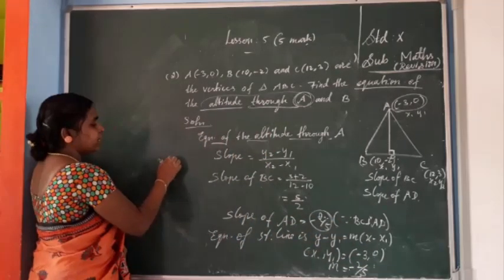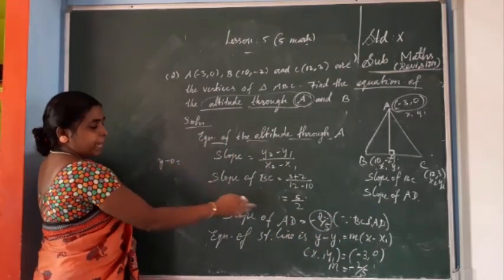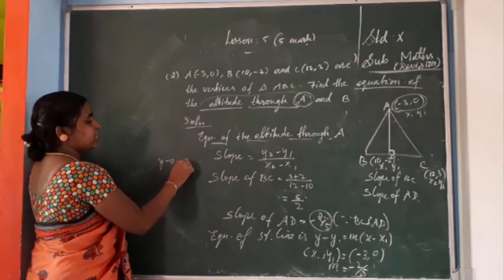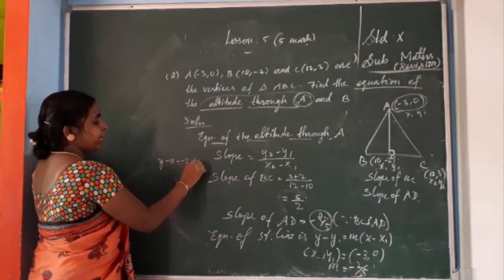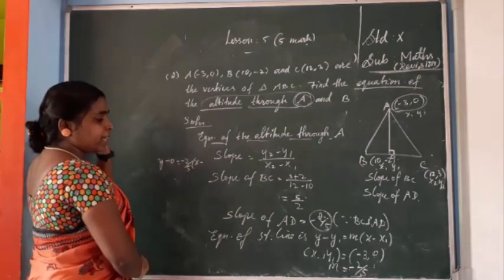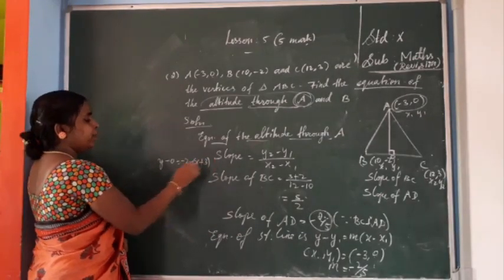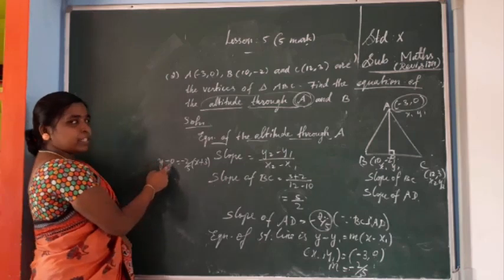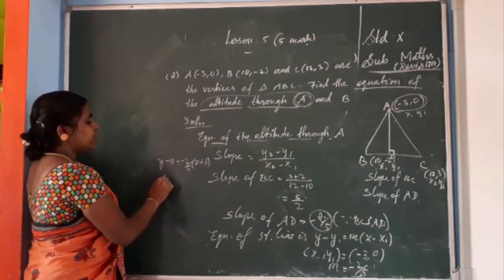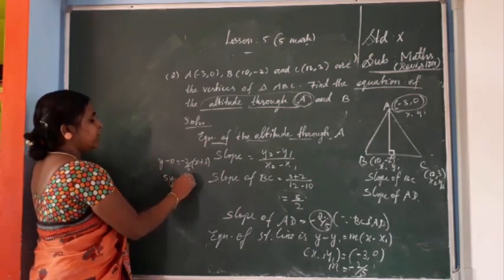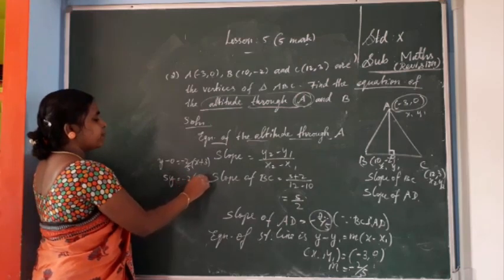So y minus 0 equals m, which is minus 2 by 5, into (x minus x1). The x1 value is minus 3, already here is a minus, so plus 3. Now 5, you take to the left-hand side, y minus 0 is y. So 5y equals minus 2 into (x plus 3).